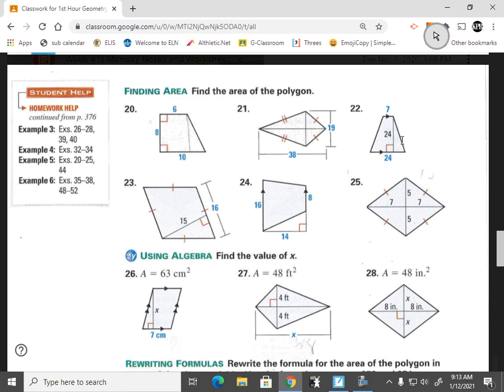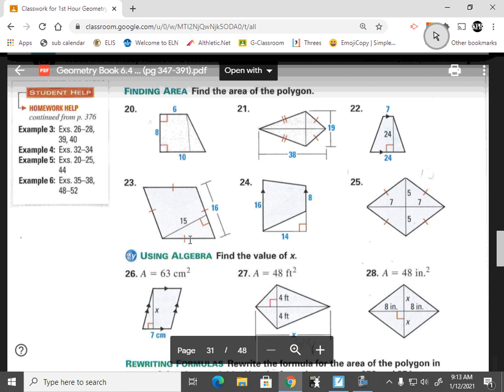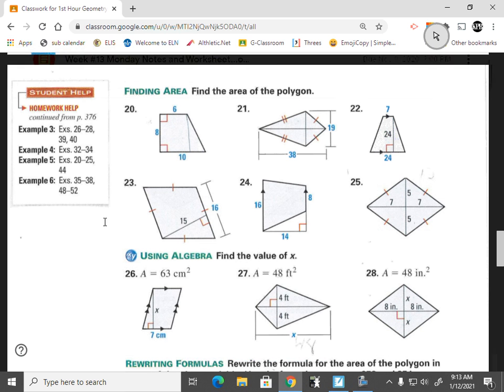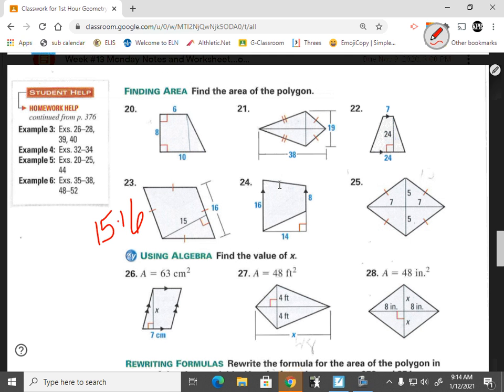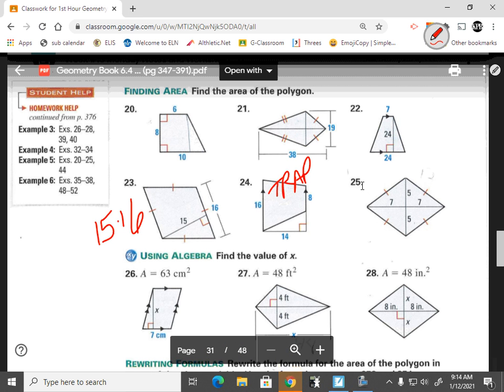So you shouldn't struggle with those. Number 23, that's a parallelogram. You're just going to do 15 times 16. Number 24, that's a trapezoid. It's a trap. Number 25, that's a rhombus.